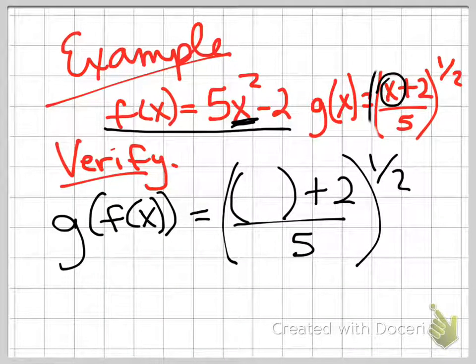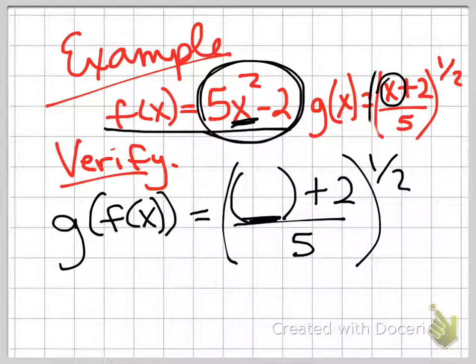Then in this open space that I left, this open parentheses, we're going to replace that with 5x squared minus 2. Okay, now I want to simplify this.